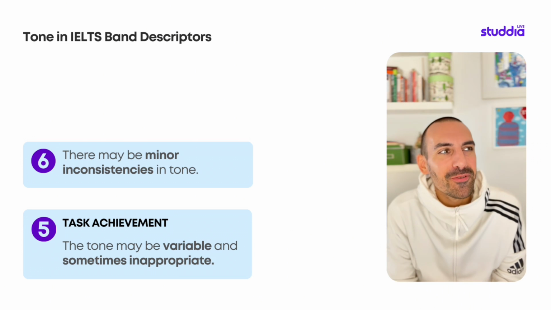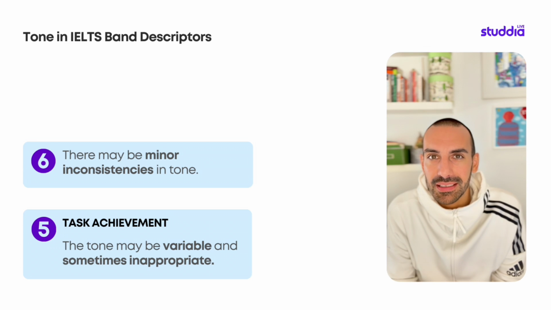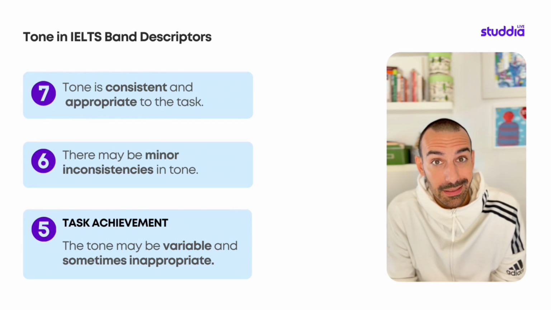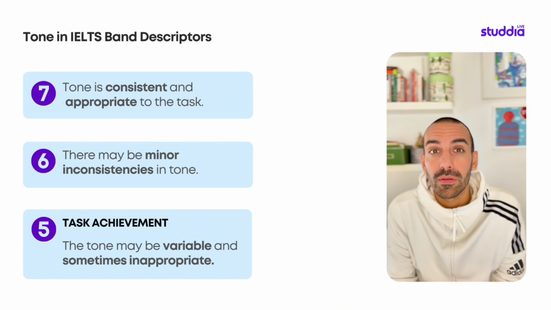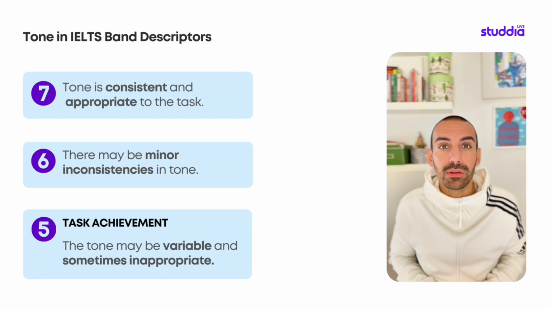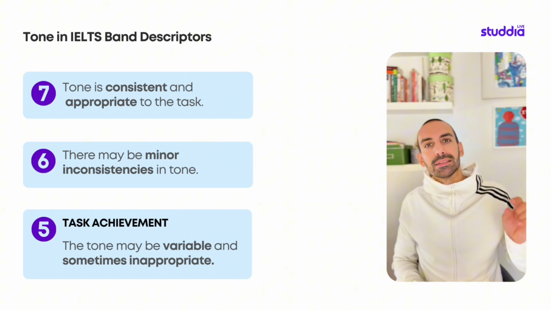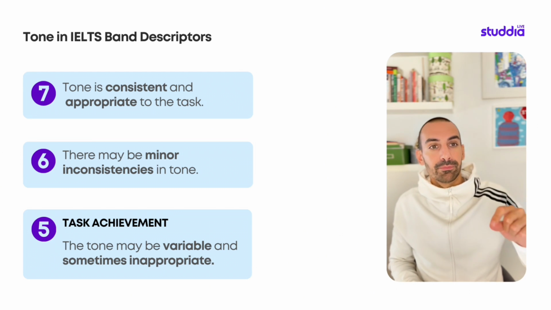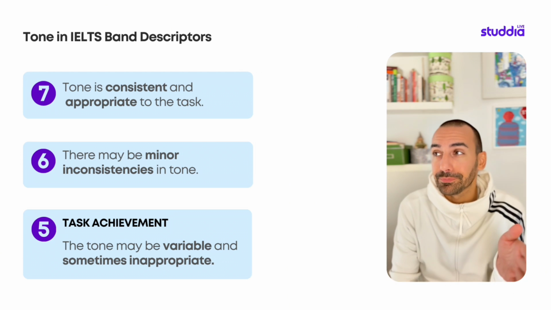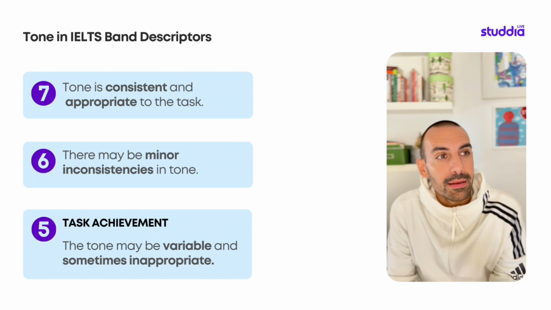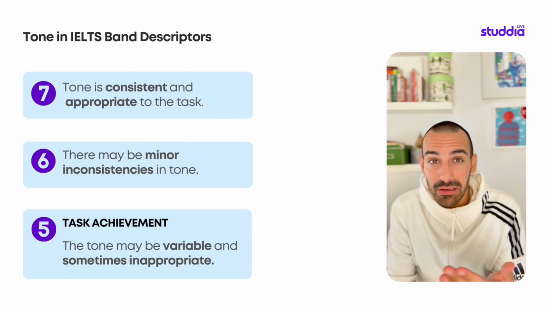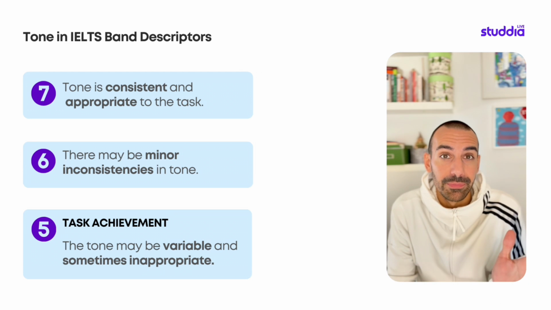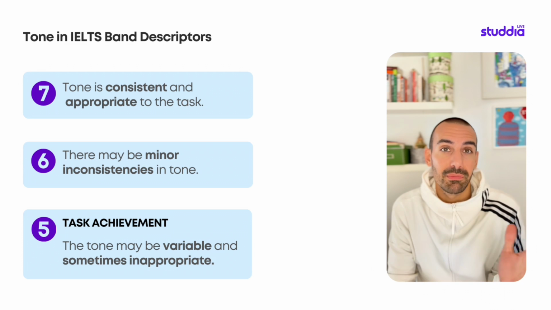However, when you move up to band 7, the descriptor says very clearly, tone is consistent and appropriate to the task. That's the key difference. To get band 7, the tone needs to be absolutely spot on from beginning to end. Consistent, appropriate, and natural for the situation you're writing about. Now, the tone isn't mentioned in bands 8 and 9, and that's because by that stage, it's already perfect. If you've reached band 7 for tone, you've already mastered it.